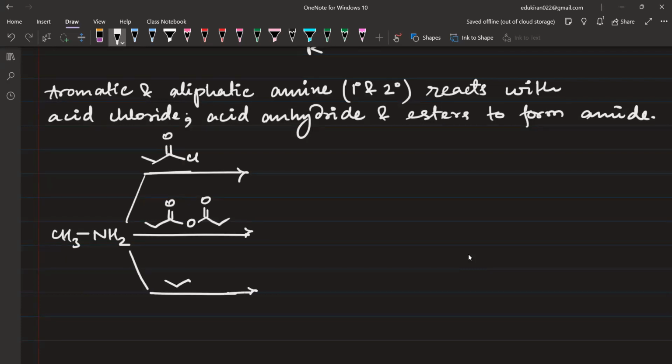And last you have ester, C double bond O, OCH3.